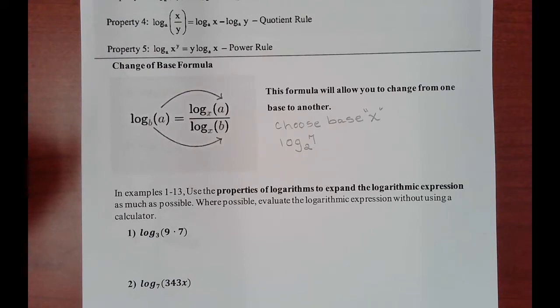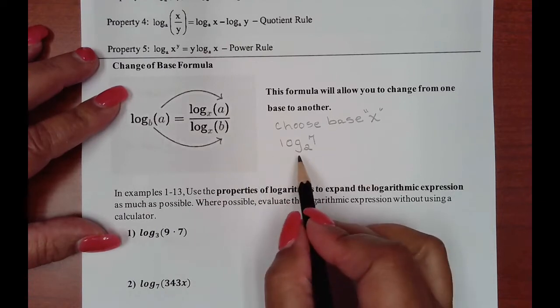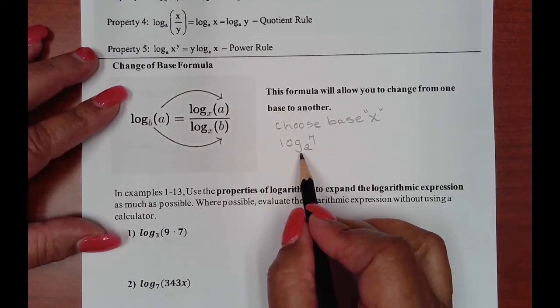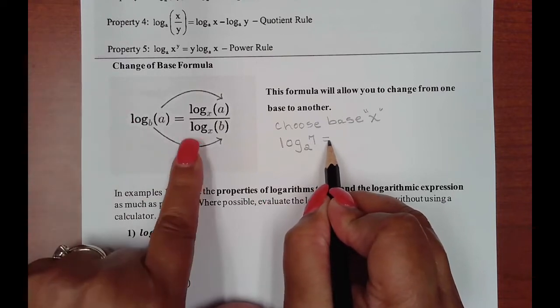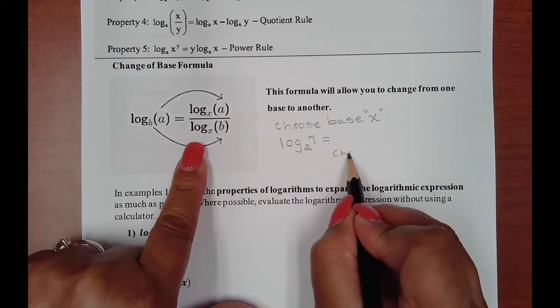And so you have to know how to write this in an equivalent form that can be handled by your calculator. So if you were going to rewrite this, you'd be applying the change of base formula.